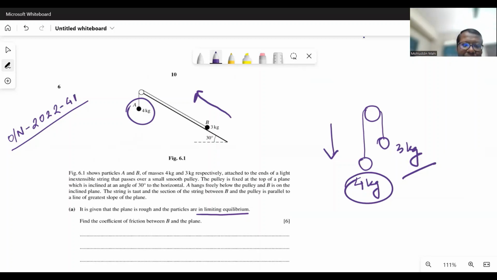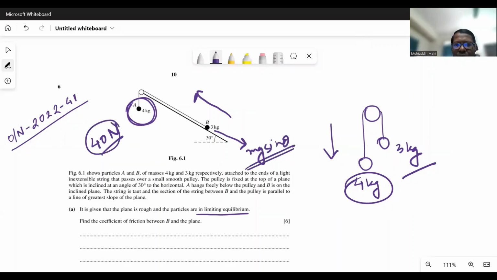So that means the 40 Newton weight is supported by the component of weight of that 3 kg mass, mg sine theta, but that shouldn't be enough for that 40 Newton.